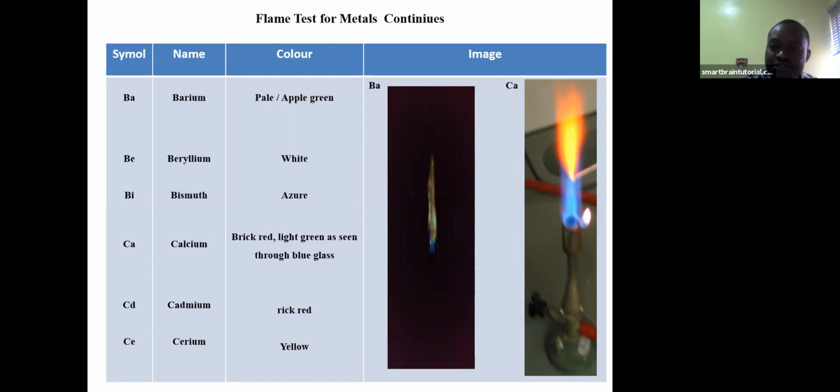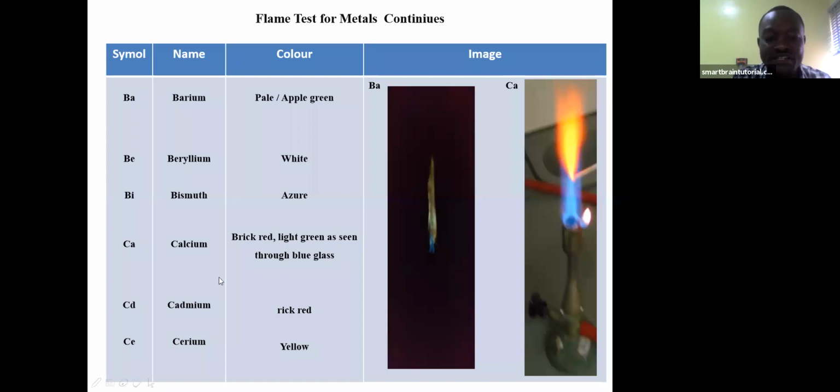Bismuth is going to give azure. Calcium will give brick red color, light green as seen through blue glass. If you view calcium through blue glass, you will get a light green. But if you view it physically, you are going to get a brick red for calcium.